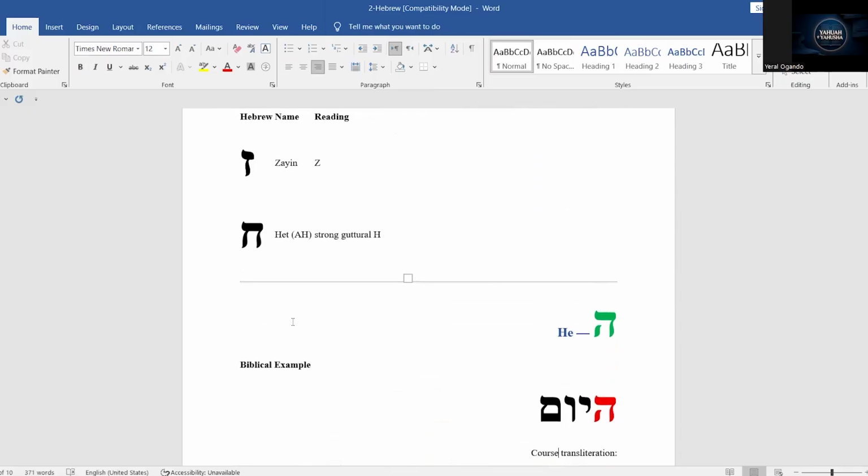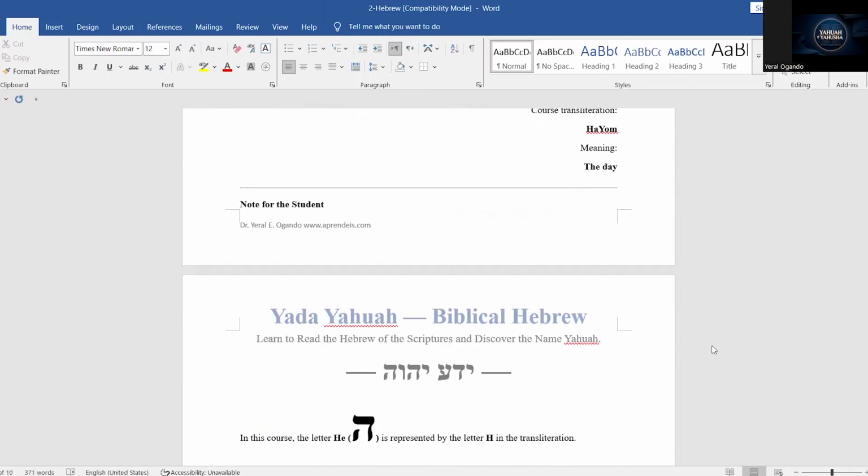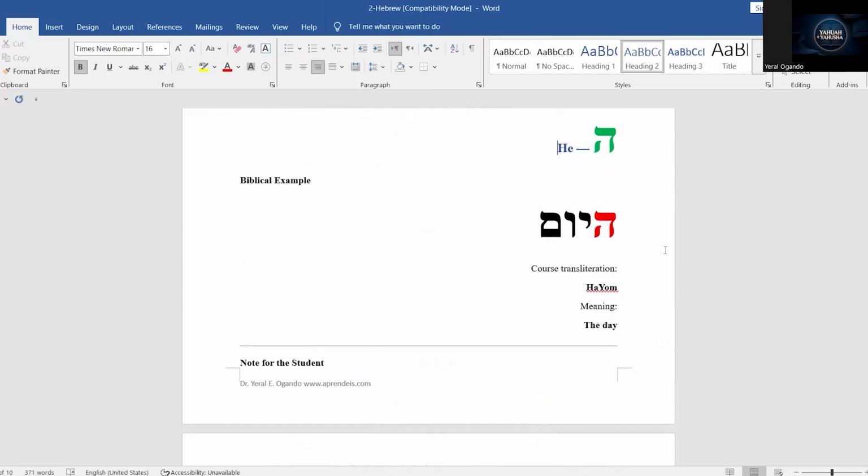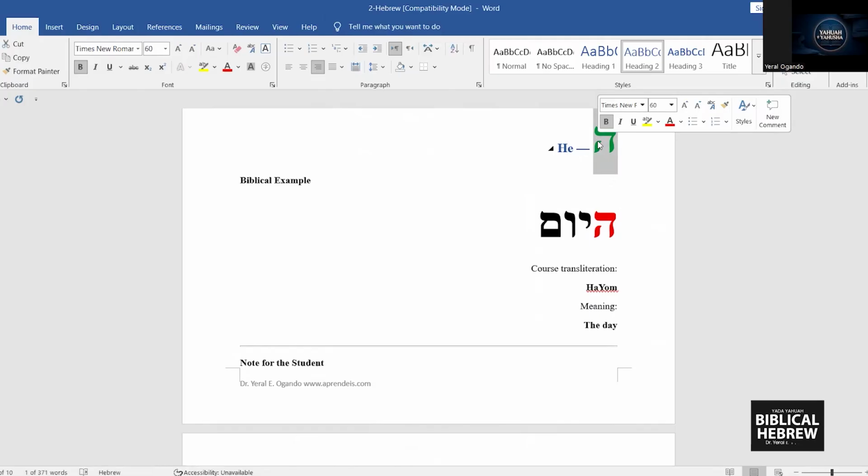Now let's check the letters with samples. The first one for today, the 5th letter of the Hebrew alphabet, is He. That's the way it is pronounced in Biblical Academic Hebrew, but it's actually Ha. Remember, whenever you see it at the beginning and in the middle of the word, you need to pronounce it.